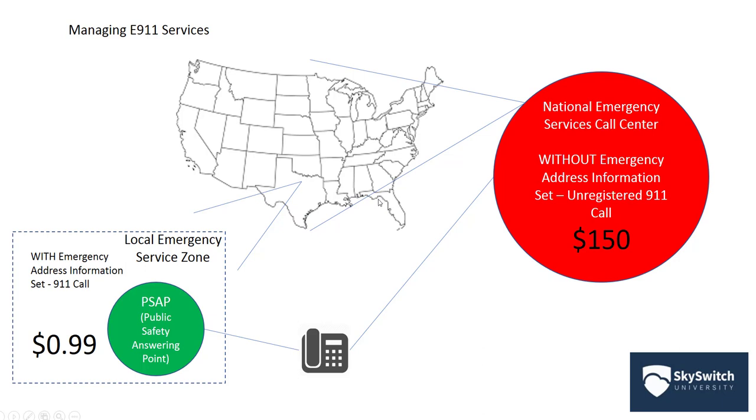And so they have to send it to the National Emergency Services Call Center, and these folks are trained to handle calls like that and to help figure out where this person is calling from. And so, therefore, the $150 charge. So that's why it's very important to have that emergency address information set on every number for every customer, not only for the emergency situation that the customer could be in, but it's also going to be important for you as a reseller as well.